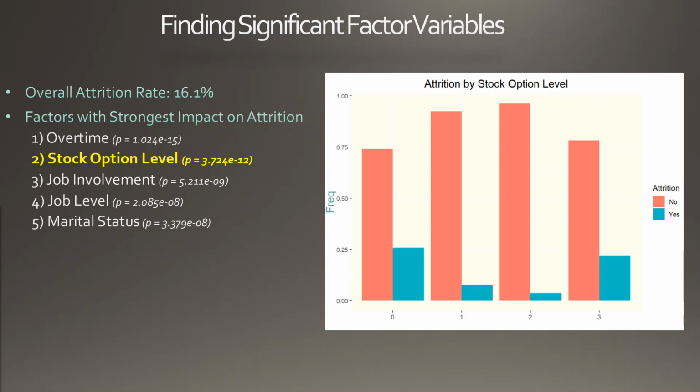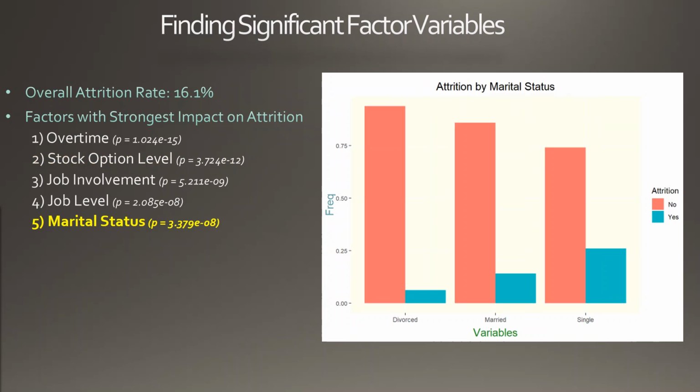There is a relationship in terms of people who have zero stock options have a high attrition rate, but also the people that have the highest stock options, level 3, also have a pretty high attrition rate at 21.82% versus those who have none, which is at 25.86%. The middle two levels are both under 10%. So there is a strong relationship with stock option level and attrition, but it's not simply positive or negative.